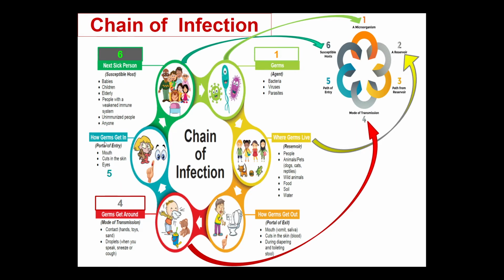So, how do germs get through the portal of entry? The portal of entry consists of organs or tissues that may be infected and colonized by microorganisms. This portal of entry may be the mouth, cuts in the skin, eyes. After infection of these organs, humans develop disease, and we come to the susceptible hosts.